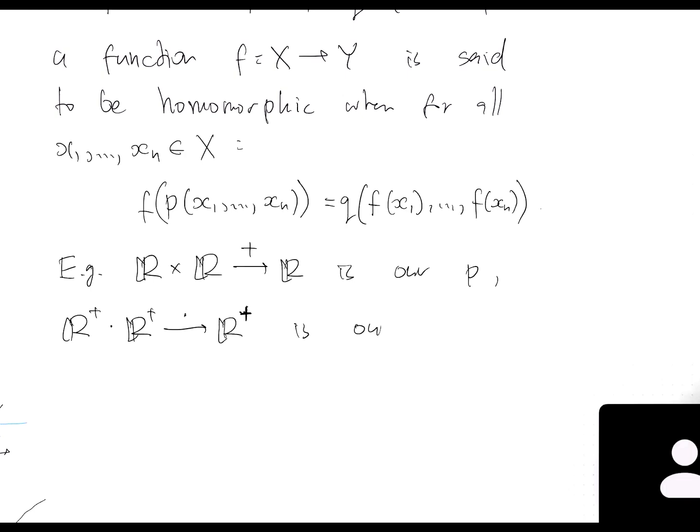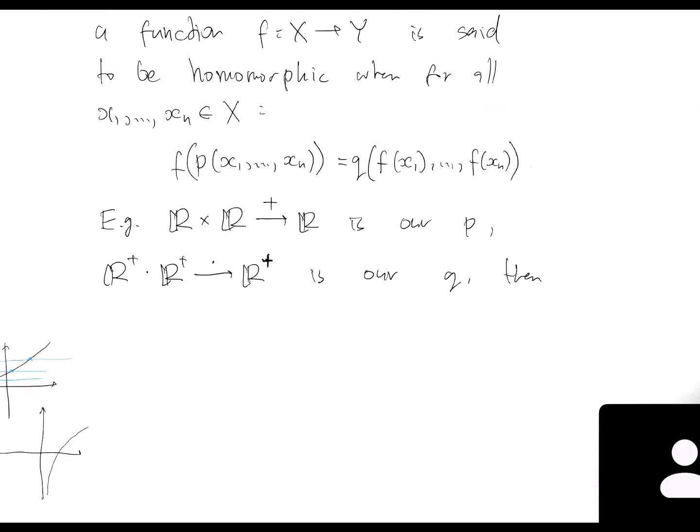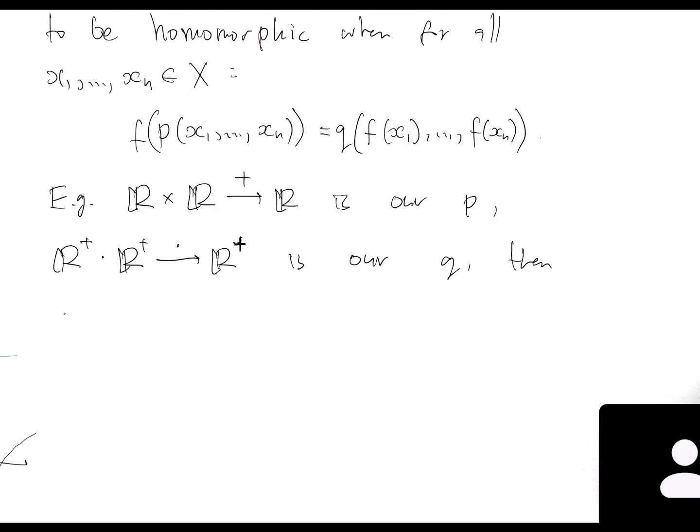So let's say this is our Q. Then the function f(x) equals e to the x is homomorphic.